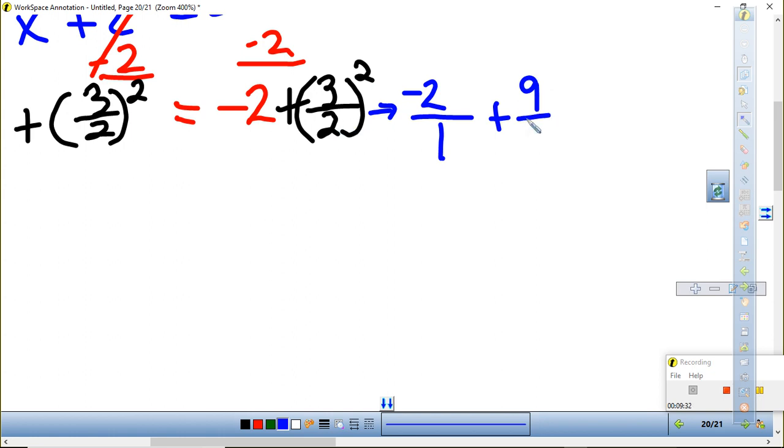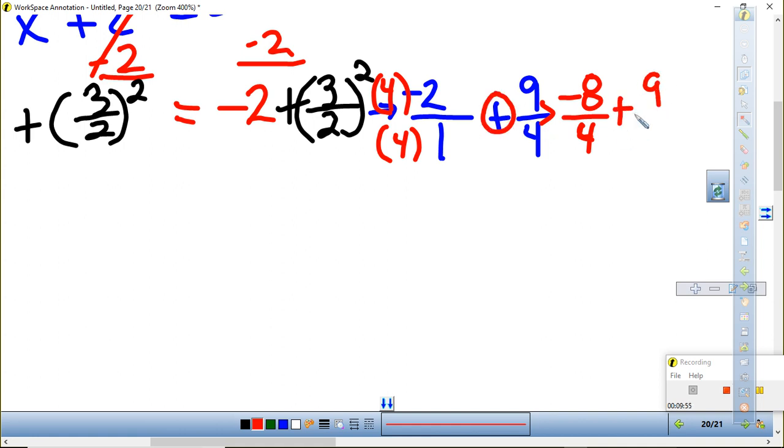What is 2 squared? 4. So to get a common denominator, this one needs to be a what? Multiply times 4, top and bottom. Let's rewrite this. 4 times negative 2, that's negative 8. 4 times 1 is 4. Plus 9 over 4.